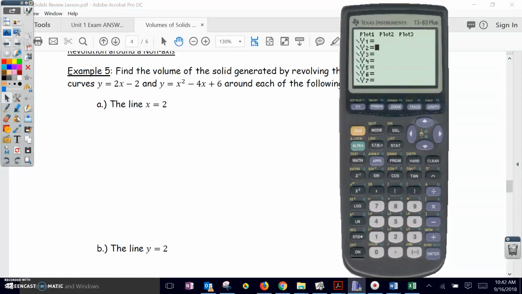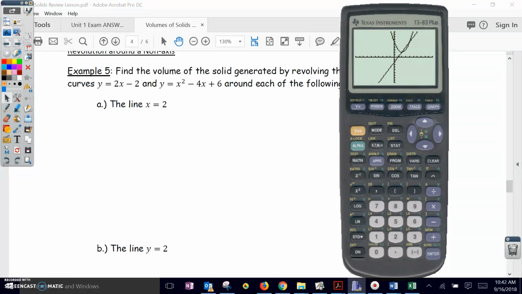In this region, y equals 2x minus 2, and y equals x squared minus 4x plus 6. We're going to go ahead and graph those.